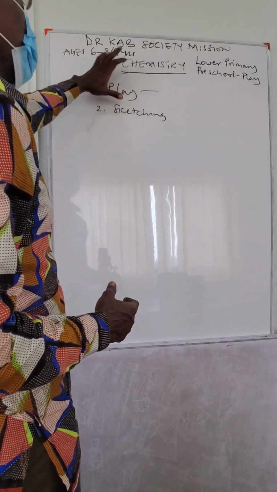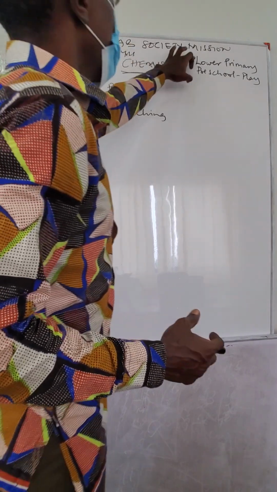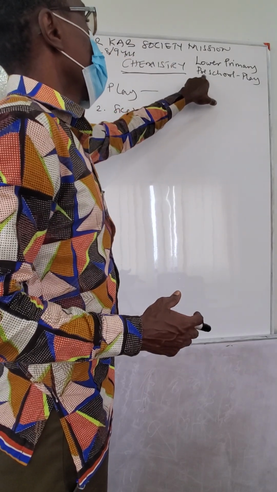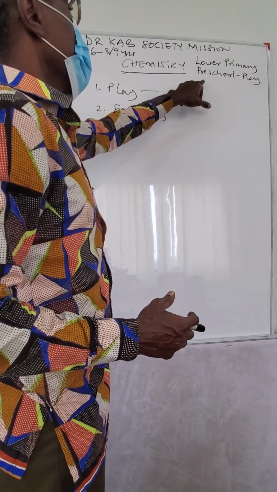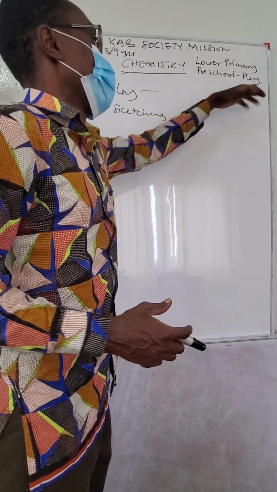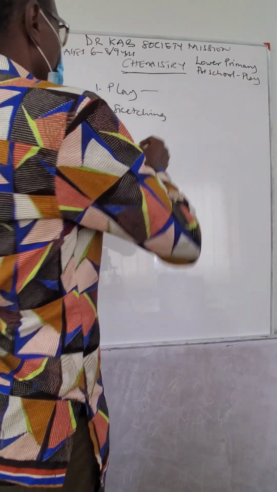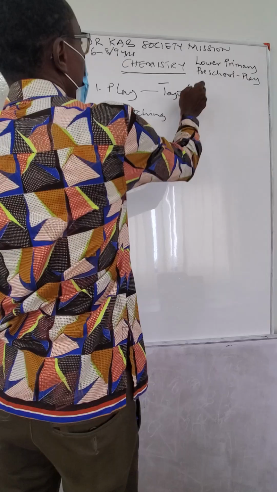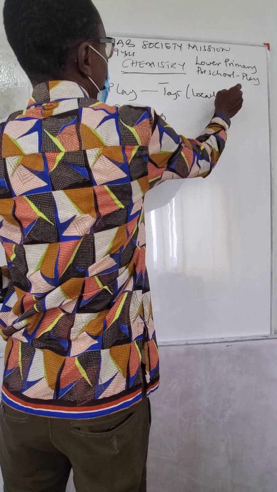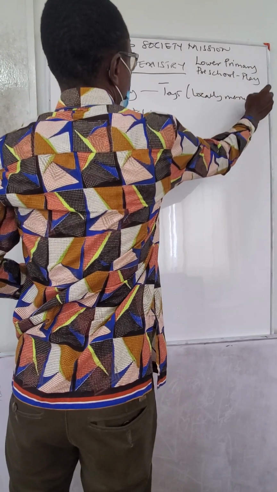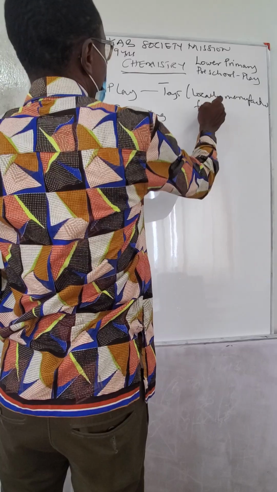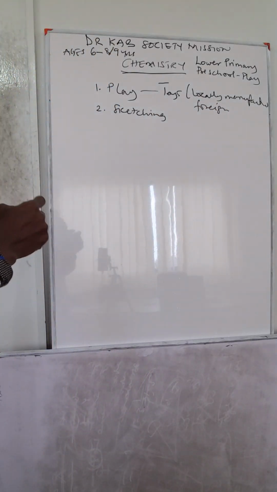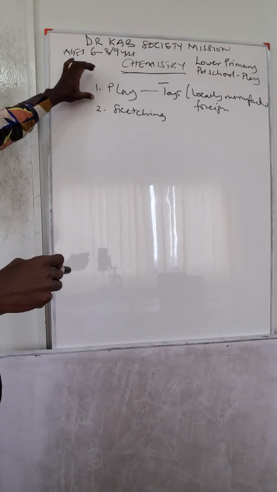So these two are for lower primary, and the first one is only for the preschool children, and it is more about how to play with the toys. We have toys that are locally manufactured, and we have some foreign ones as well. The two are combined and used for the play.